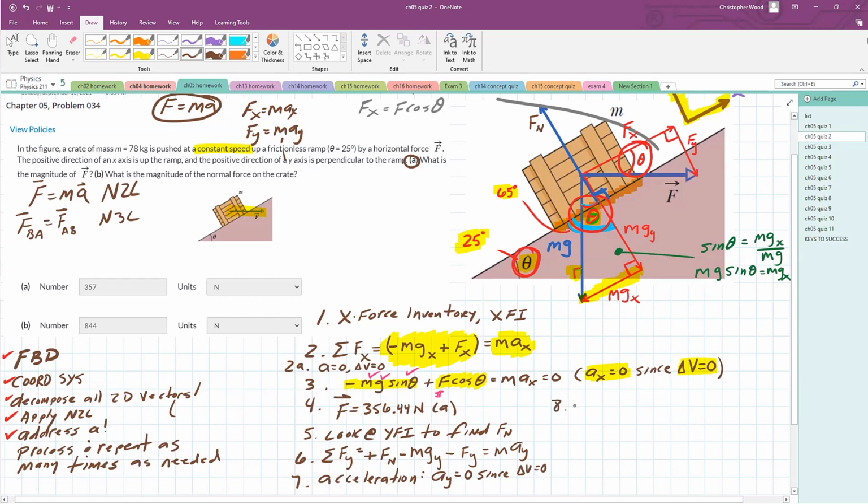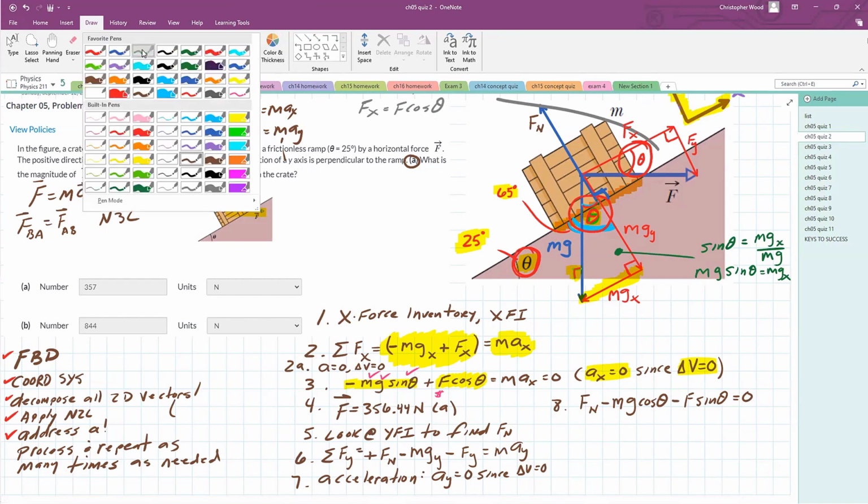So let's see, this will become F sub n, and it's trig time. F sub n minus mgy, so that will be mg cos theta, minus Fy, and Fy is F sine theta, equals 0. And let's just, a little sidebar here, just to be extra specific.